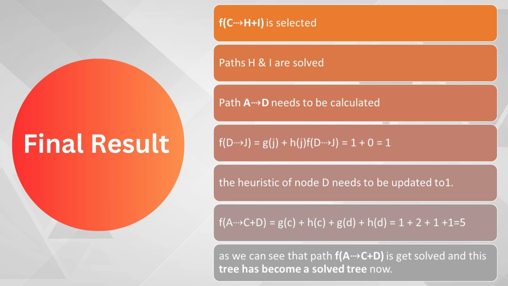F of A to C plus D is equal to g of C plus h of C plus g of D plus h of D, which is 1 plus 2 plus 1 plus 1. So, we have total value equal to 5. As we can see, path f of A to C plus D is solved, and this tree has become a solved tree now.